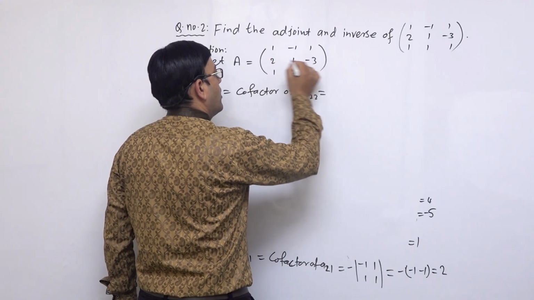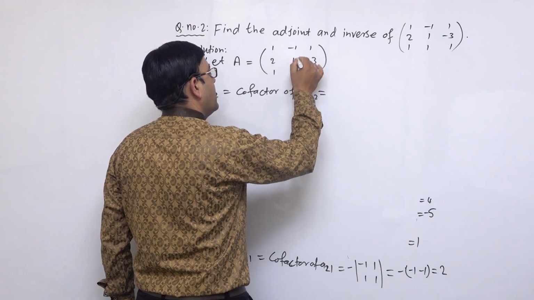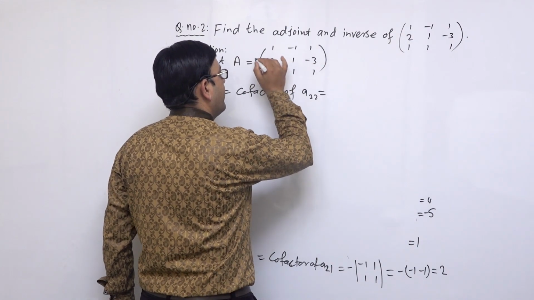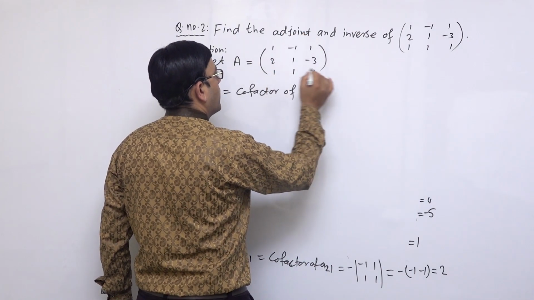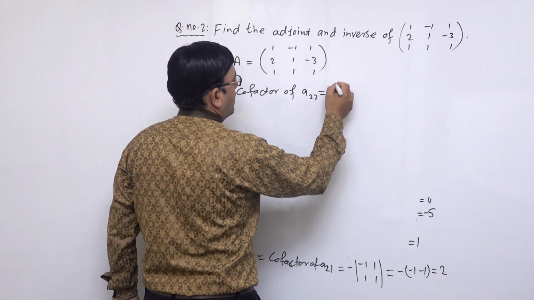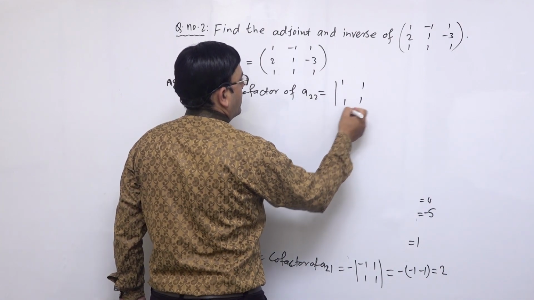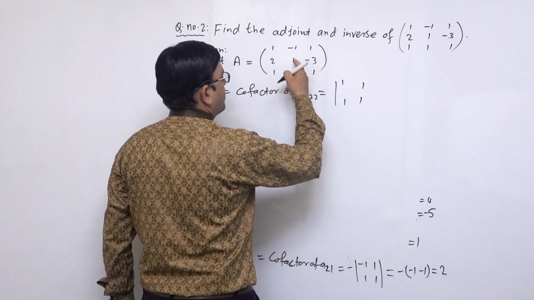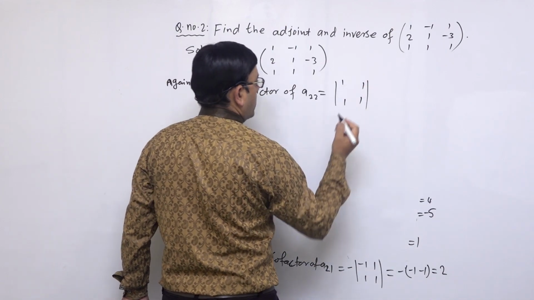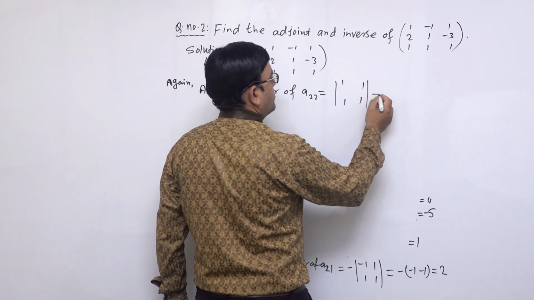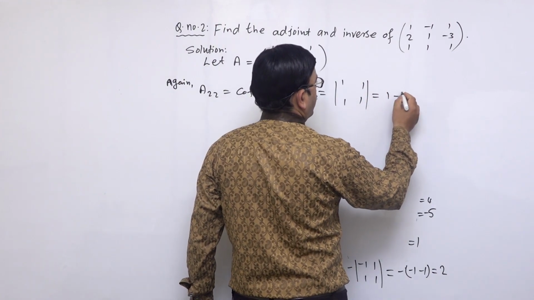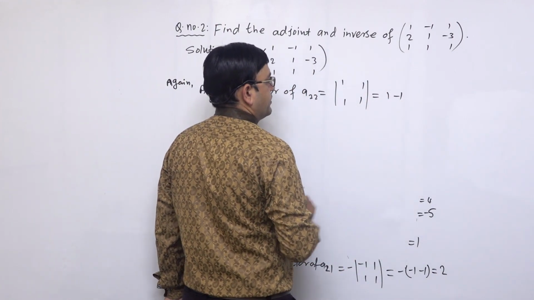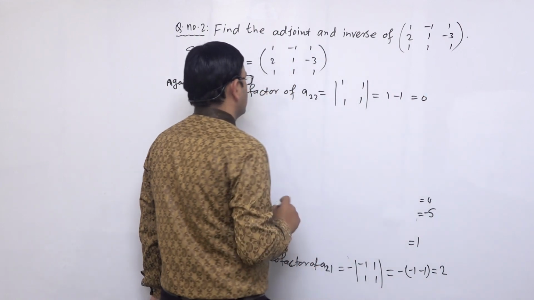So this row and this column are out, and 1 1 1 1 is left. Here 2 plus 2 is 4, so it's positive, no need to write anything. So this is equal to 1 times 1 is 1, minus 1 times 1, so 1 minus 1 became 0.